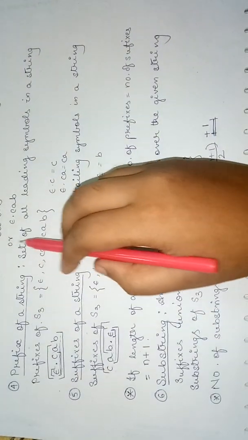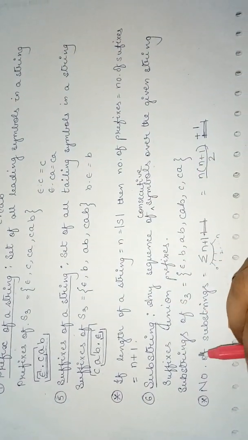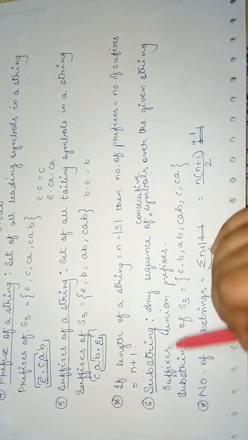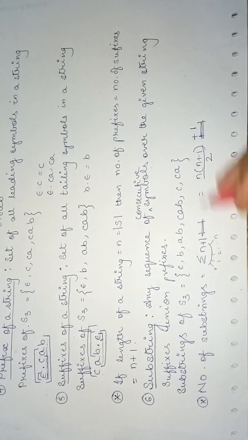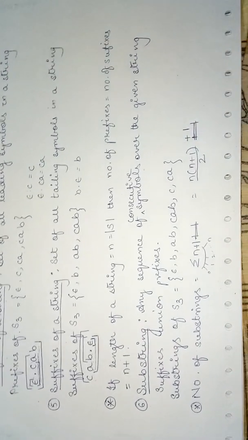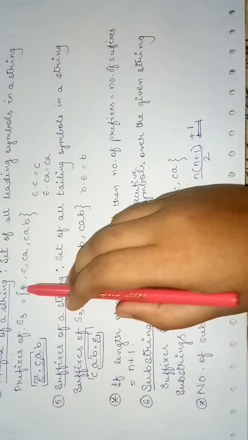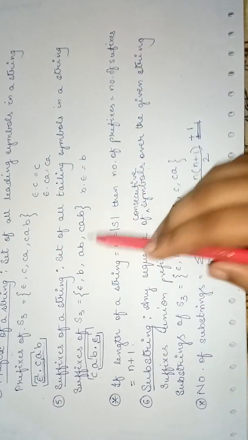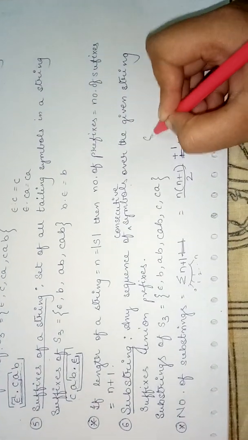There are some other substrings also; only in the case of a 3-lettered string it is suffixes union prefixes, but for other longer strings we will have some other strings as substrings. So substrings of S3 are epsilon, C, CA, CAB and B, AB. This is all. How to find out?